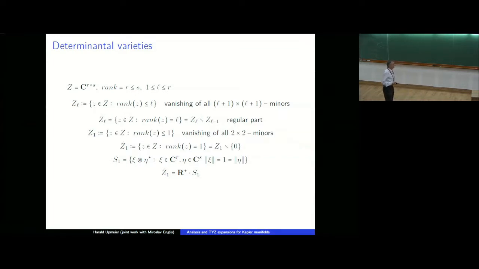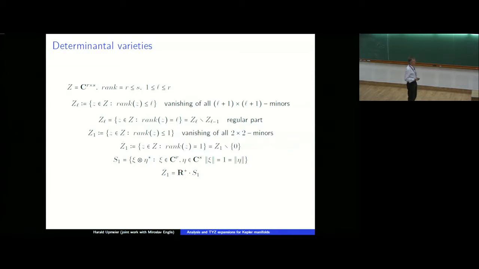It has singularities, and the regular part, which is written with a circle on top, Z sub L circle, is all elements where the rank is equal to L. So it is precisely Z sub L minus Z sub L minus 1. That's the regular part, and Z sub L minus 1 is the singular set of Z sub L.